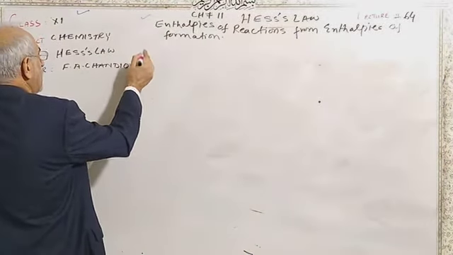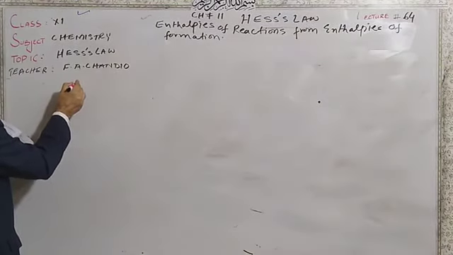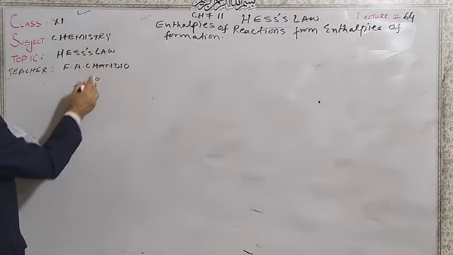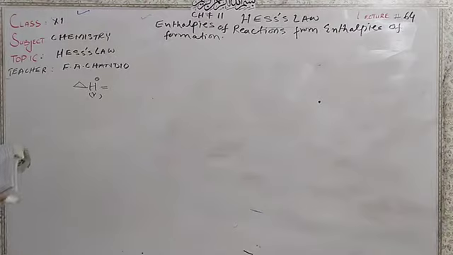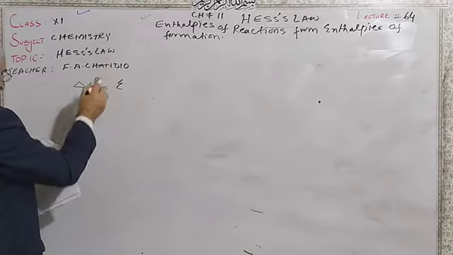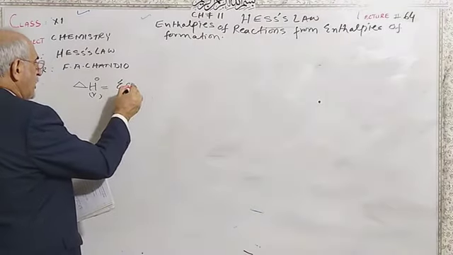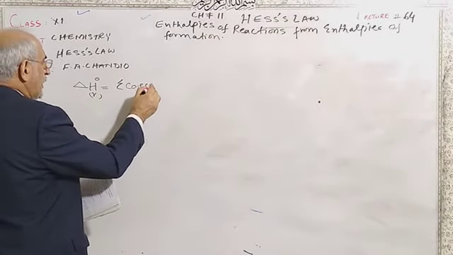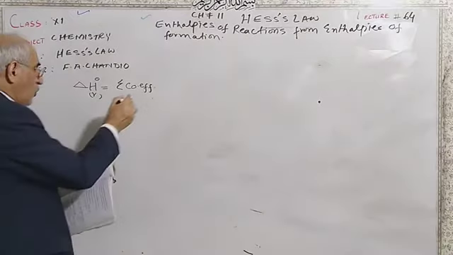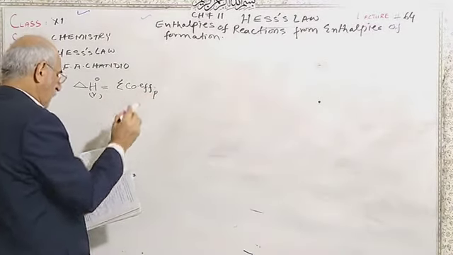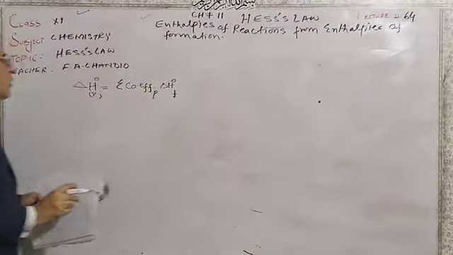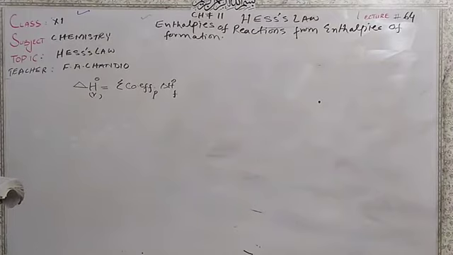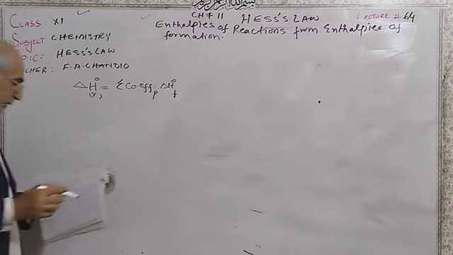You want to calculate the enthalpy change delta H naught for the reaction, which must be equal to sigma, capital sigma, coefficient in the balanced chemical equation for the products, P for the products, delta H naught formation of the products.